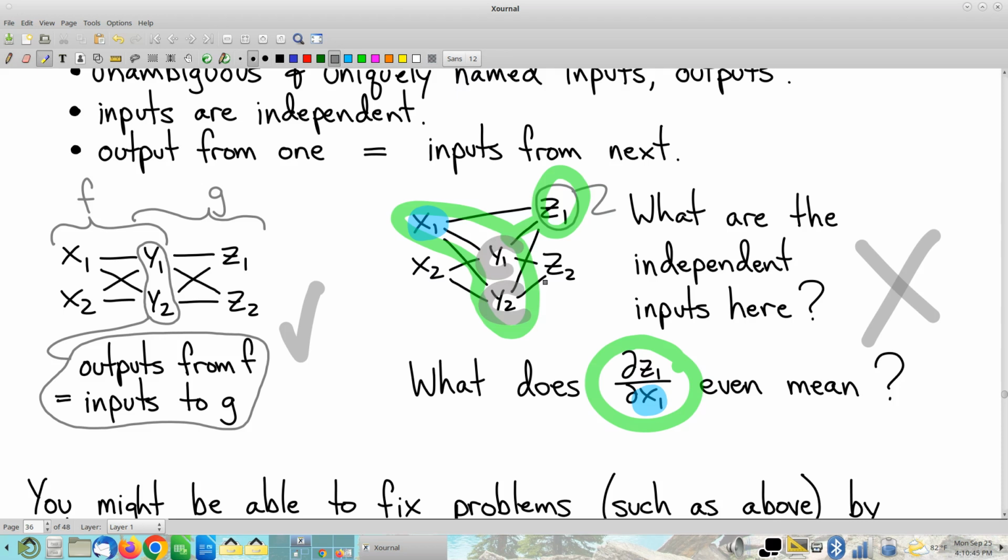I can't hold y1 constant if x1 is changing, because y1 is a function of x1. This is a messed up story here. This is not a composition of functions where we're multiplying matrices and we just have a shorthand for multiplying those matrices. No, not here at all.